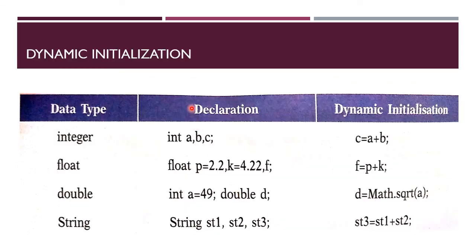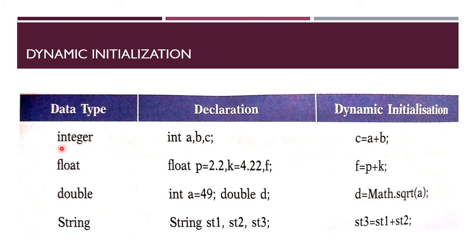Next one is dynamic initialization. When a variable gets initialized at runtime, that is during the execution of the program, it is termed dynamic initialization. The word dynamic means during the runtime. When a variable is initialized during the execution of the program logic, while you are doing some operations, that kind of initialization is termed dynamic initialization.